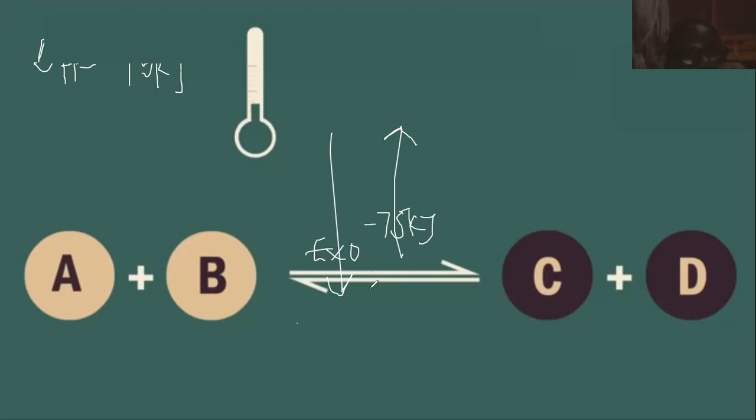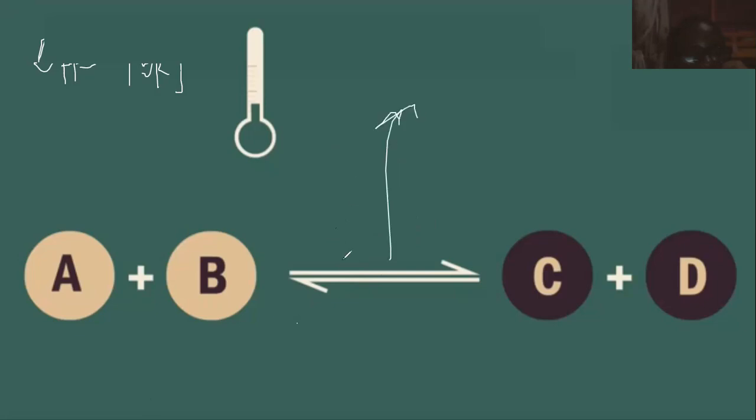Yes, sir. Now, if we decrease the temperature, what happens? As we are decreasing the temperature, that means minus 75 kilojoules. Instead of being given out like before, 75 kilojoules is coming back to the system.